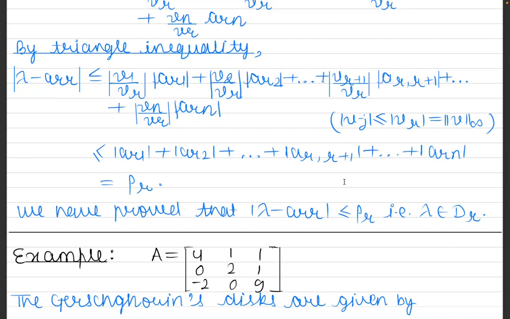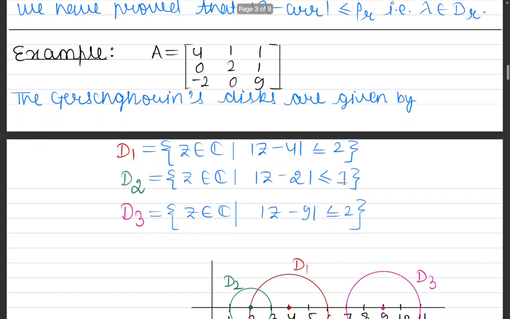Now let us see some example of what is happening. You take this matrix A, 4 0 minus 2, 1 2 0, and 1 1 9.